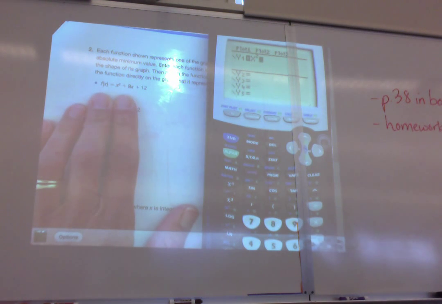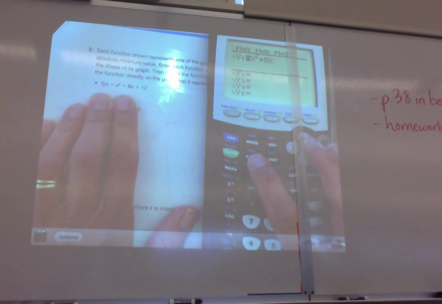So see how now there's a little 2 above my x? Again, that button was right here. It's kind of above log. All right, so far I have x squared. I'm going to push plus 8 and another x. Are you with me to there? Plus 12.